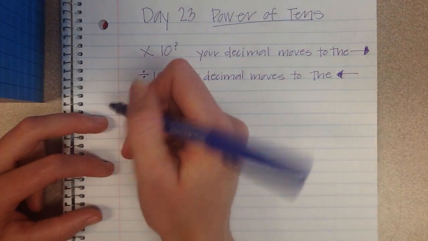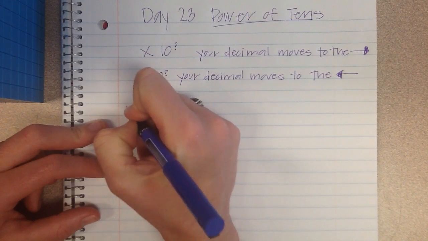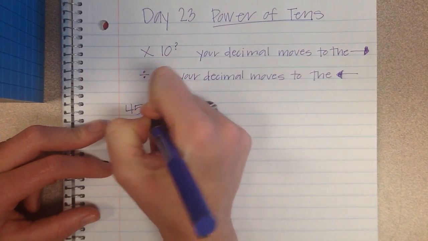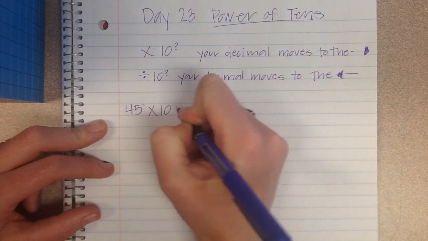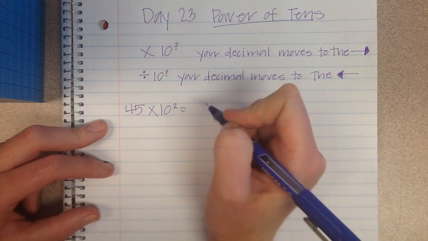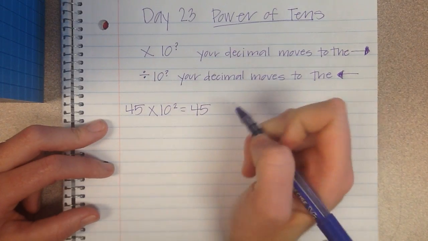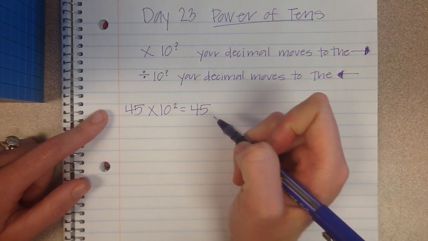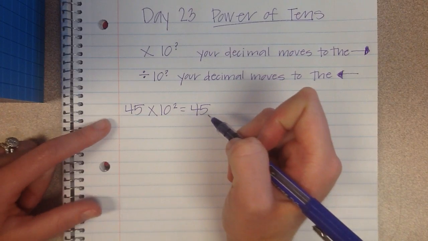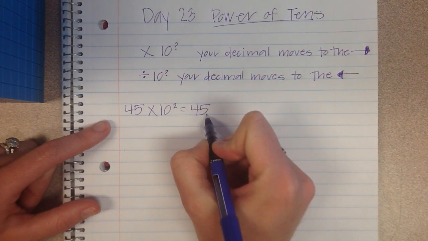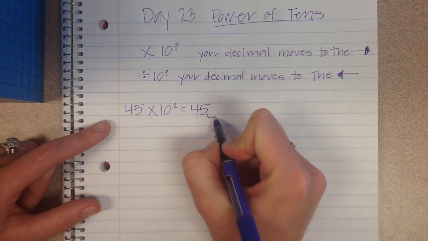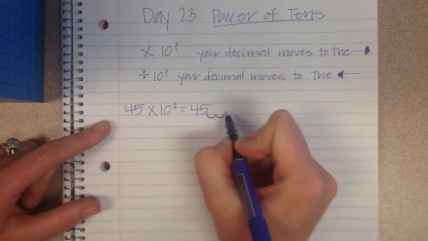So, for example, if I had, say, 45 times 10 to the second, I'm going to go ahead and put 45. I'm going to think, where's my decimal? I don't see a decimal, so I know my decimal is at the end. So I would go 1, 2.